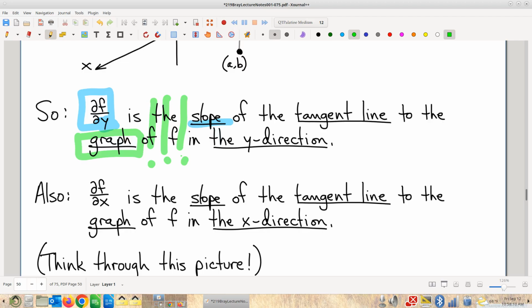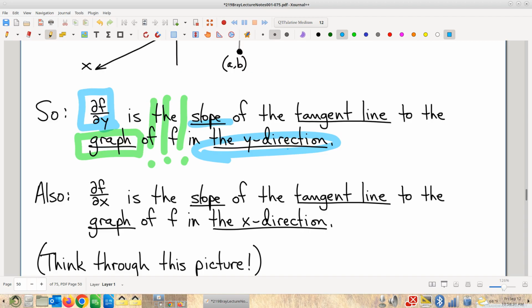So: slope of the tangent line to the graph, and then you also need to specify the direction. They don't specify in single variable because there's only one direction to go. Here we have to specify the y direction. You're moving literally in the y direction, not just whatever random direction.